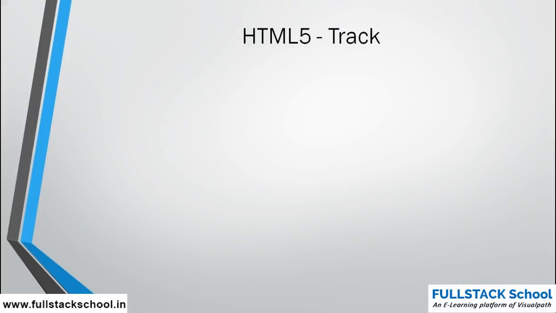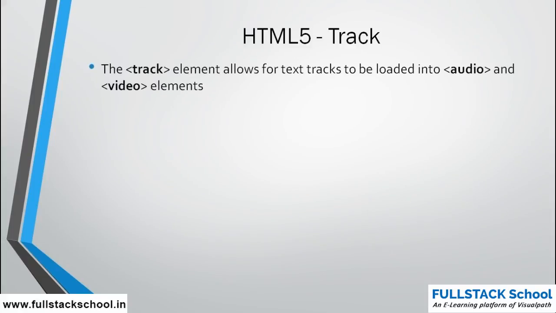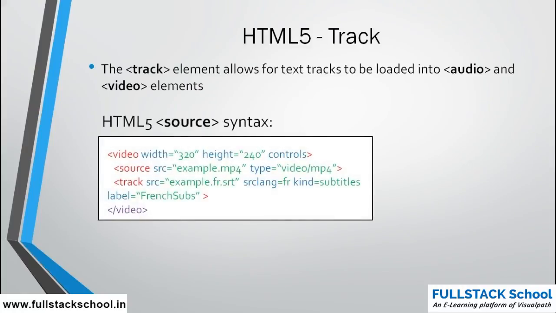Let's see what the HTML5 track has. The track element allows for the text track to be loaded into audio and video elements, where if you see the syntax below, the video has width 320, height, then the controls.